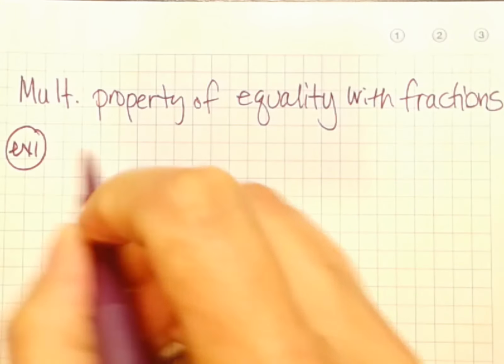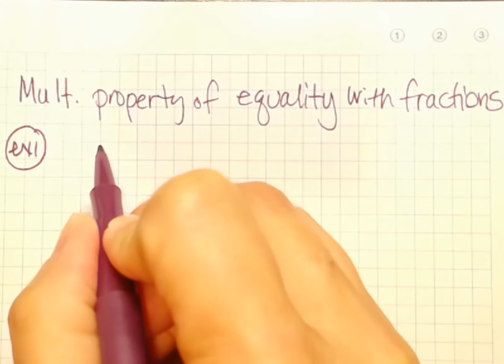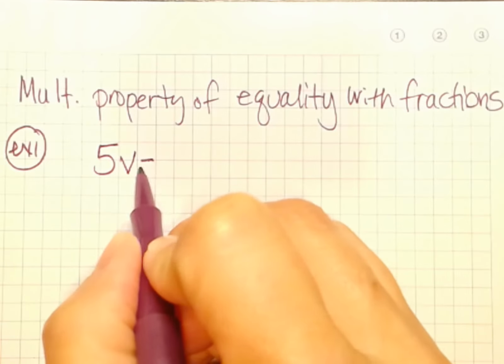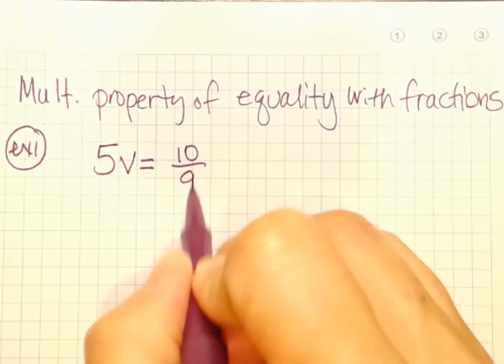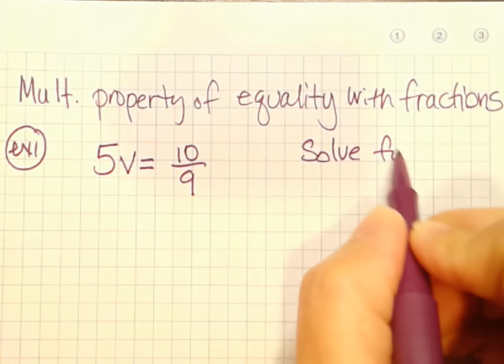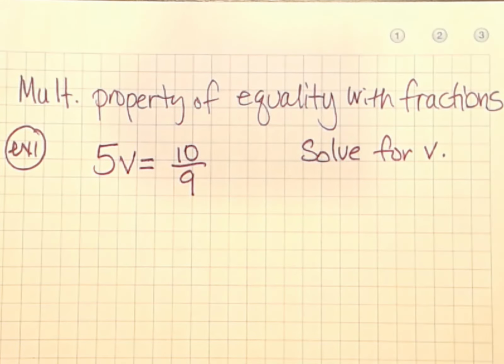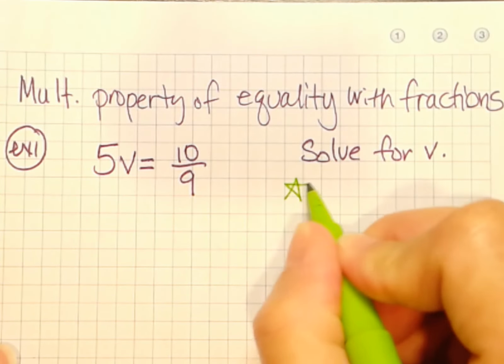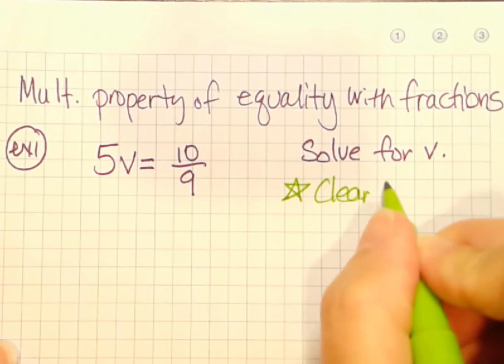So my first example will be 5v is equal to 10/9, and the directions say solve for v. Okay, so for this problem, because I see the fraction, I'm going to clear the fractions. That's the method I want you to use for these.